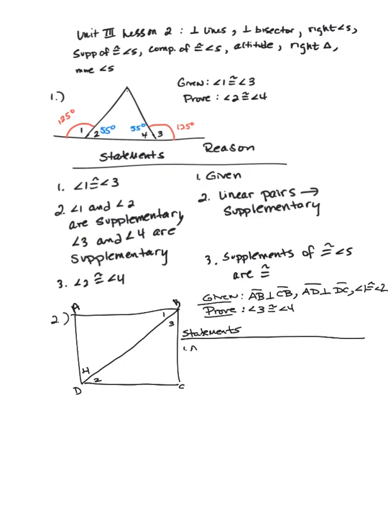So I'm going to put AB is perpendicular to CB. And so that means that angle B is a right angle. Okay, specifically you have to call it angle ABC. Angle ABC is a right angle.